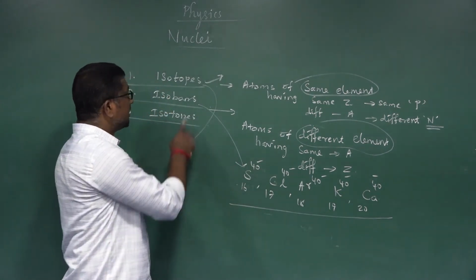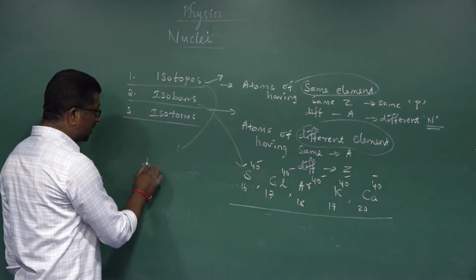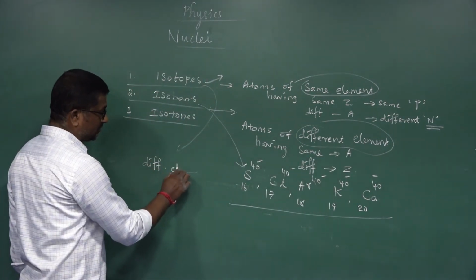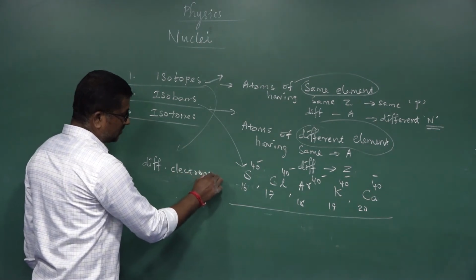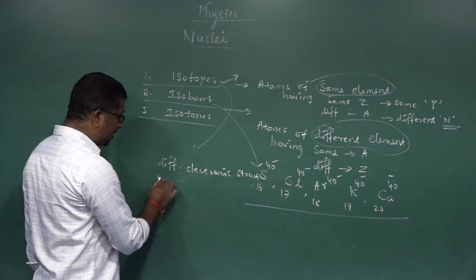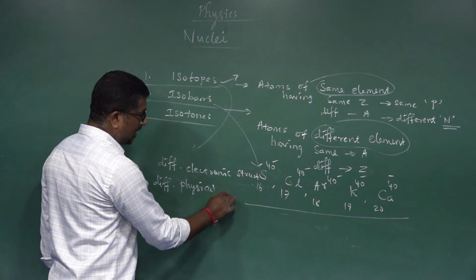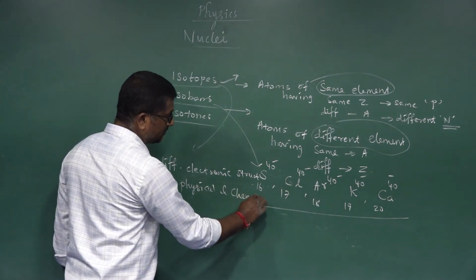Isobars are atoms of different elements, so they have different electronic structure and different physical and chemical properties.